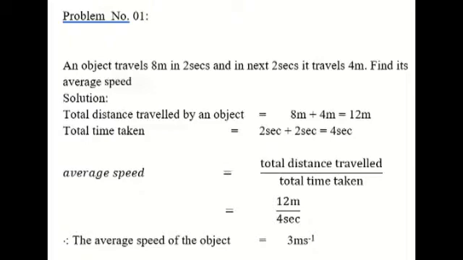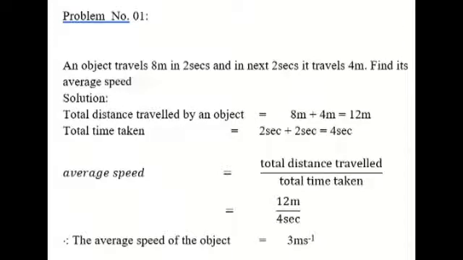An object travels 8 meters in 2 seconds and in the next 2 seconds it travels 4 meters. Find its average speed. The given data are: total distance traveled by the object equals 8 meters plus 4 meters equals 12 meters.